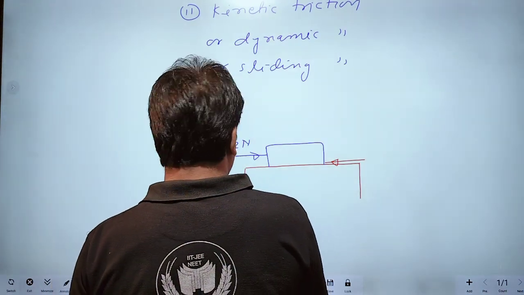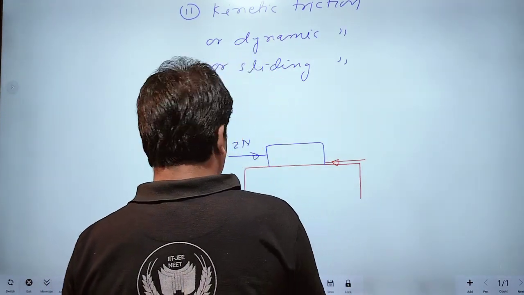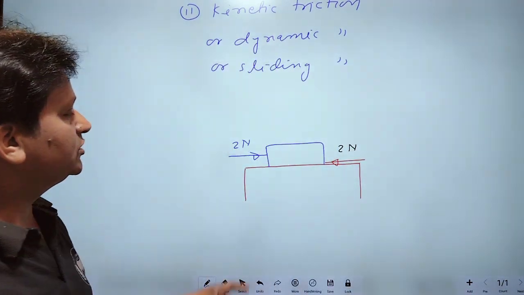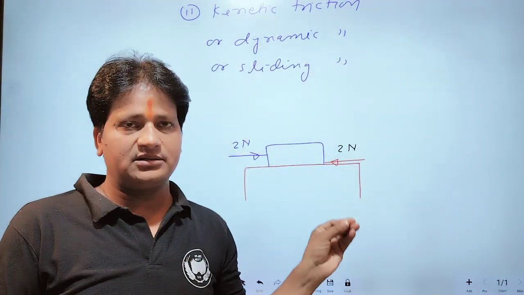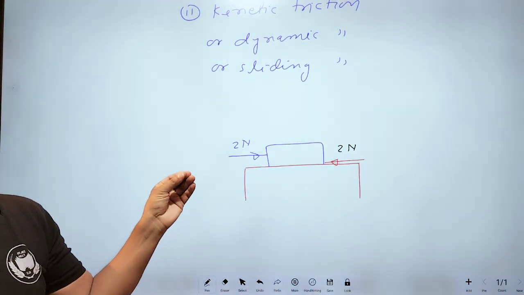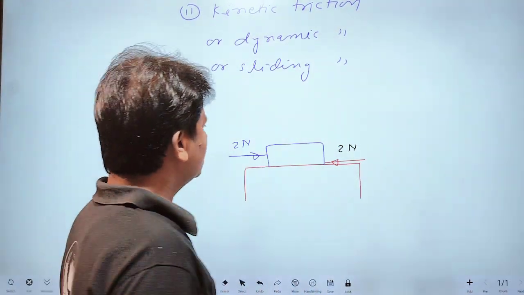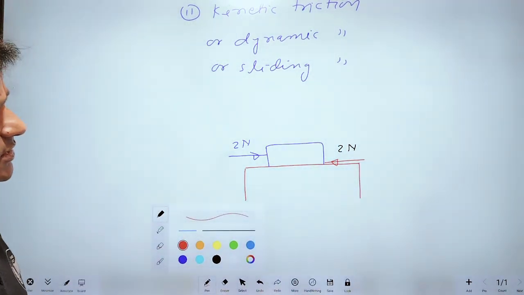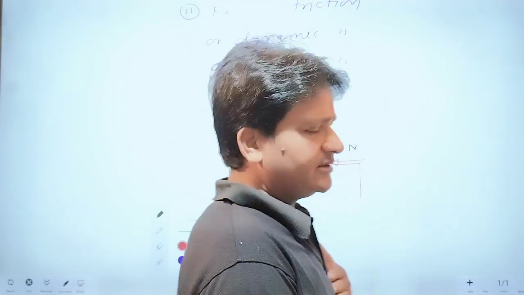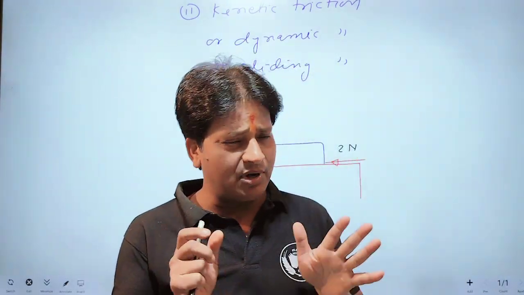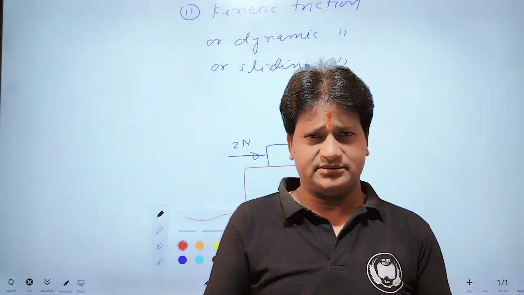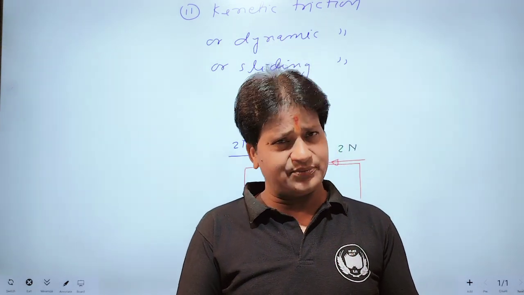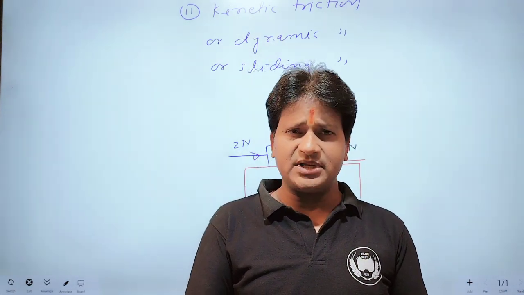Friction force is also equal to 2 Newton. Both forces are balanced to each other. Therefore, I can say that if the block does not slide, then the force acting between the surfaces will be static friction.